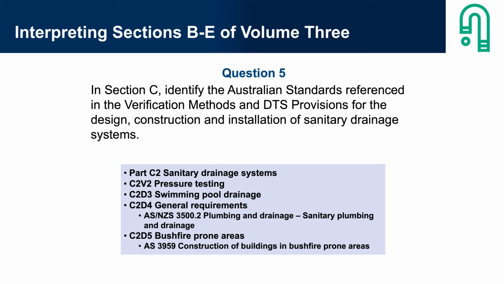C2D4, General Requirements. AS/NZS 3500.2, Plumbing and Drainage, Sanitary Plumbing and Drainage. C2D5, Bushfire-Prone Areas. AS 3959, Construction of Buildings in Bushfire-Prone Areas.